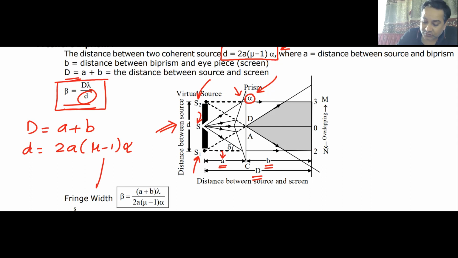When I put this in the original formula, instead of capital D, we have a plus b. In place of small d, we have 2a(mu minus 1)alpha. The formula looks a bit complicated, but if you remember the value of capital D and small d, the formula becomes very, very small. Can you note down this formula for me? I'll give you a minute. Note it down. I will wait.